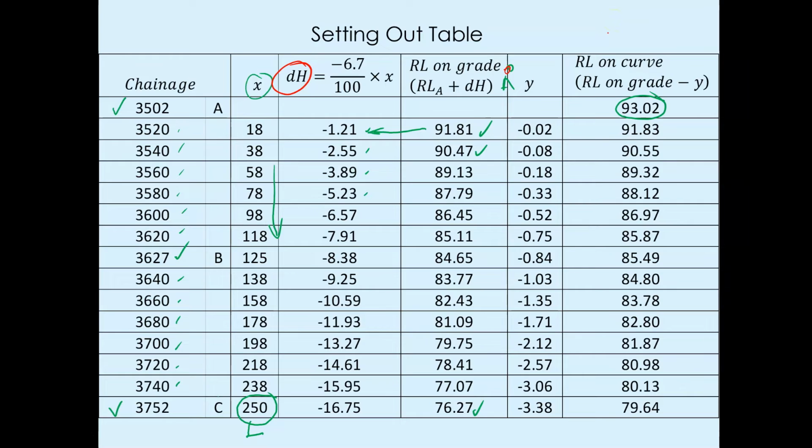All right. So you will continue calculating the reduced level on the grid till you get to the last point, 76.27. But that will only give you the reduced level on the grid.